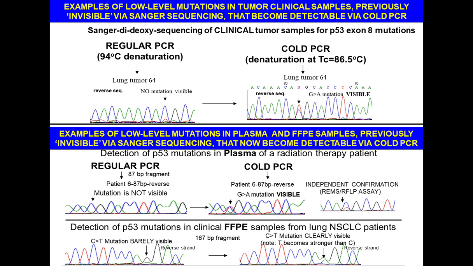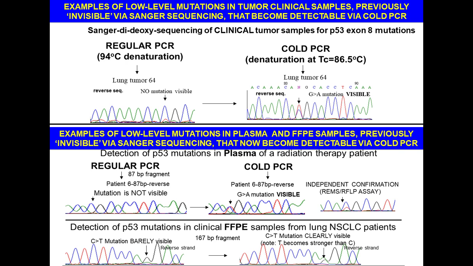If you perform COLD-PCR with denaturation at critical temperature 86.5, the mutation is enriched and it can be seen. And the same thing from plasma circulating DNA in the middle section. Regular PCR on the left, you can't see the mutation, but you can see it becomes heterozygous essentially if you perform COLD-PCR.